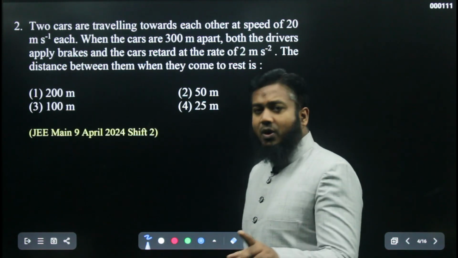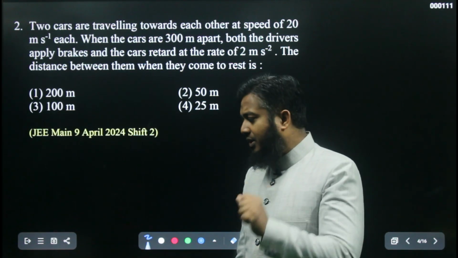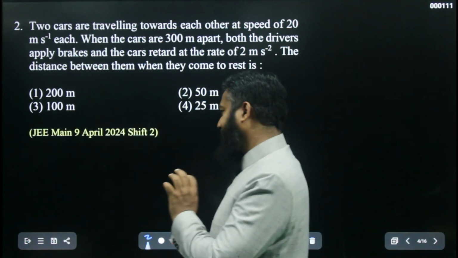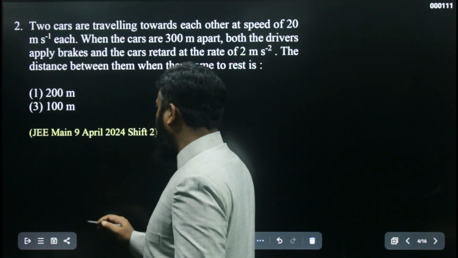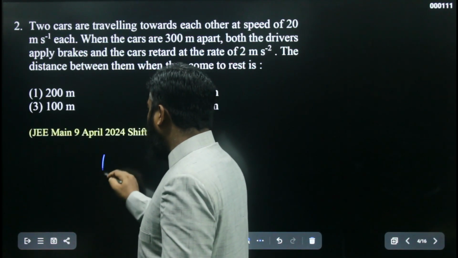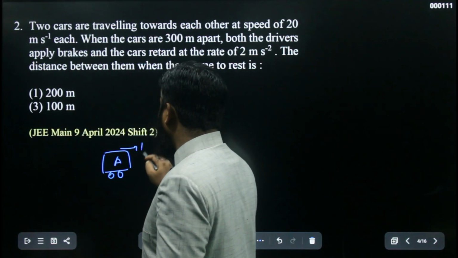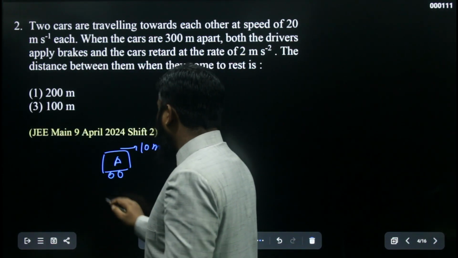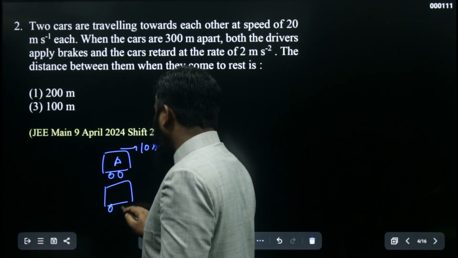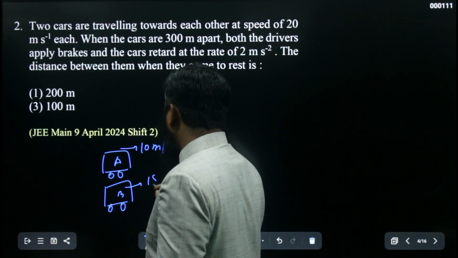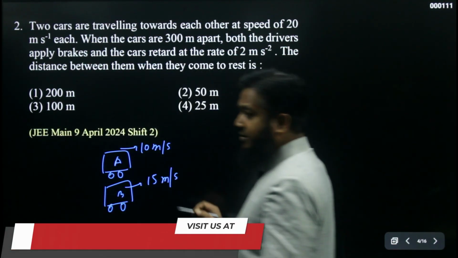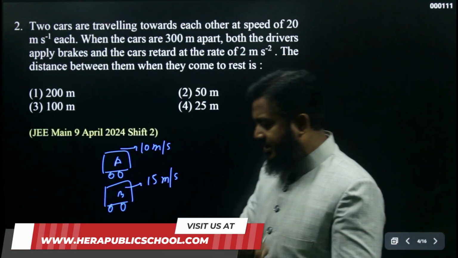So first of all, in case of relative velocity, let us consider a situation. Say a car A is moving with speed 10 meter per second, and another car B is moving with speed 15 meter per second.